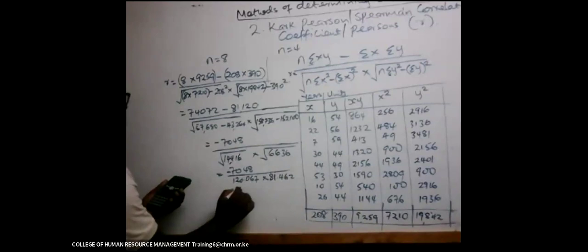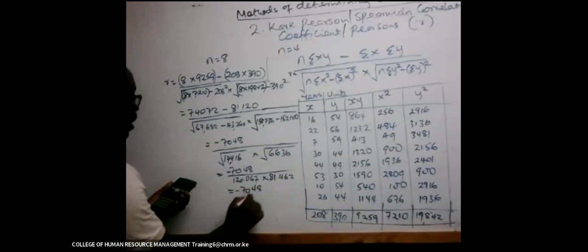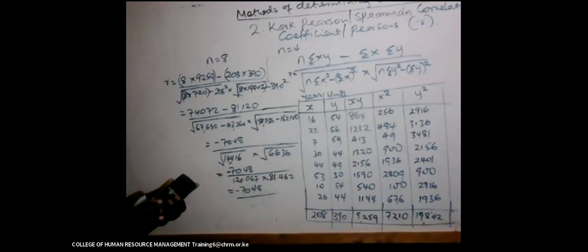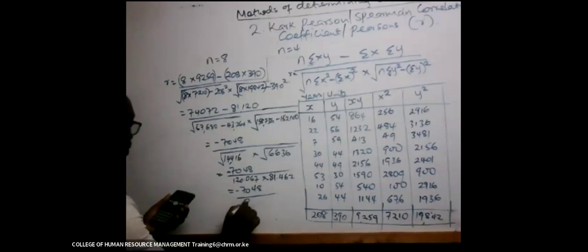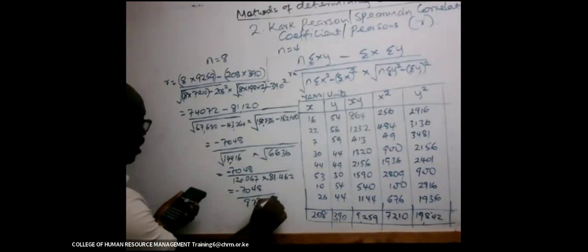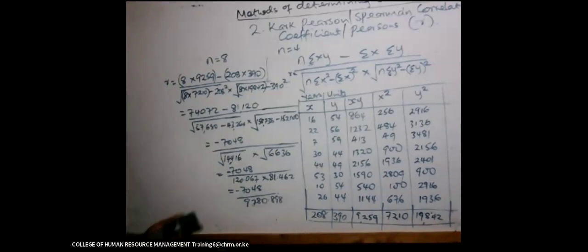Then the final answer will be negative 7048 divided by this times this, which is 9,780.898.